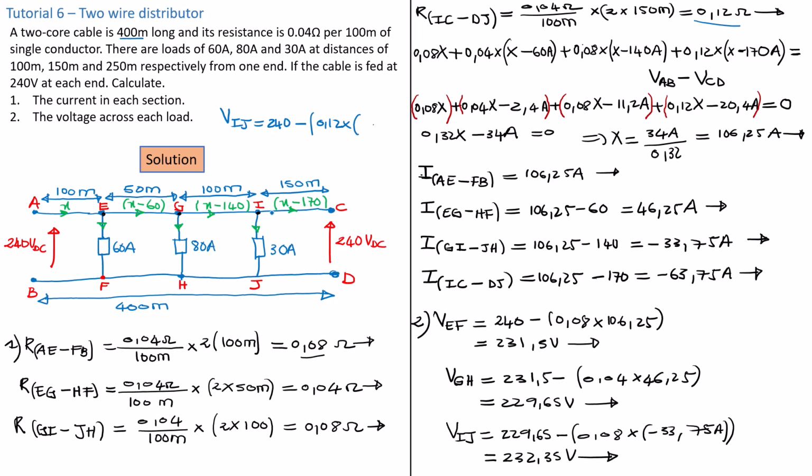Unlike before, when the current was flowing from the positive to the negative, now it is flowing from the negative to the positive side, which means it is a positive current. So we write 0.12 times 63.75, and when we compute this, we surely get 232.35 volts. And it does exactly verify.